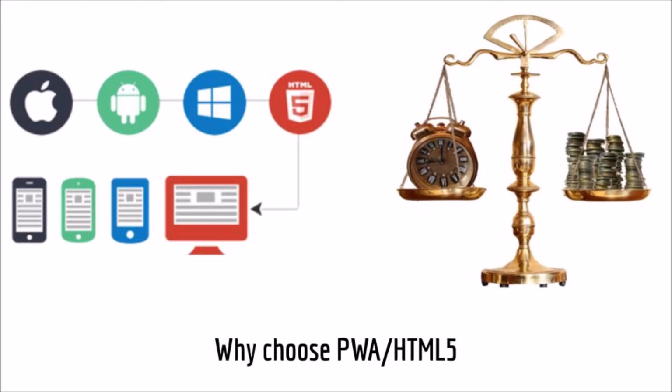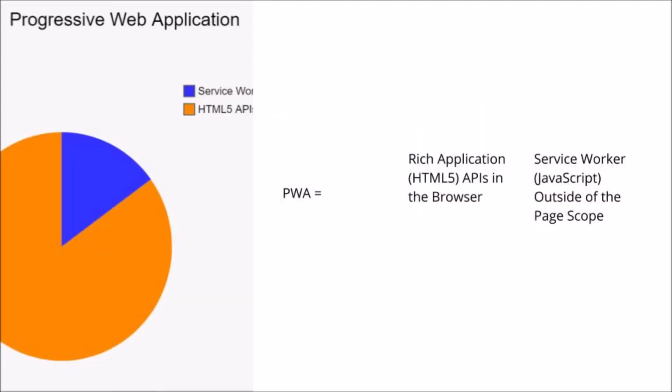Progressive Web Applications, or PWA for short, is HTML5, the APIs in the normal scope of a web page, plus the service worker features, which are JavaScript APIs that are executed outside of the normal web page workflow.